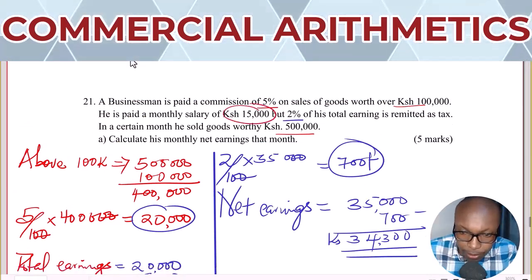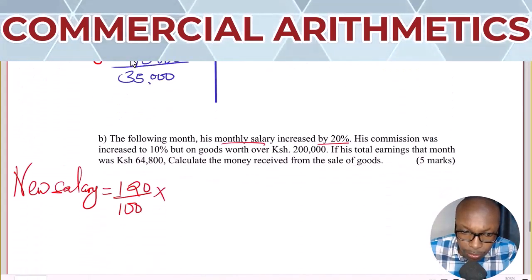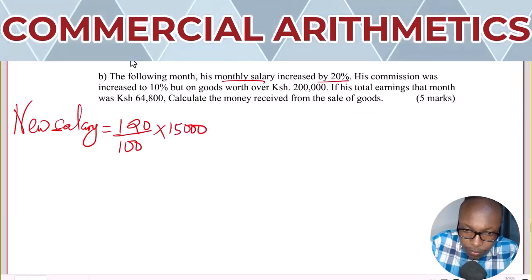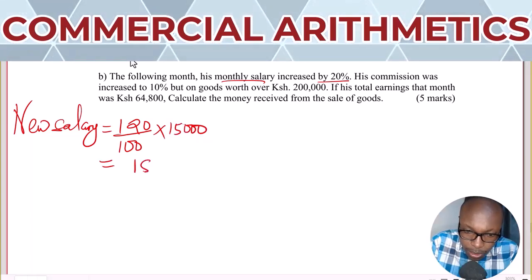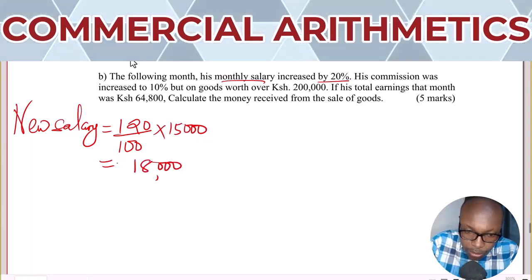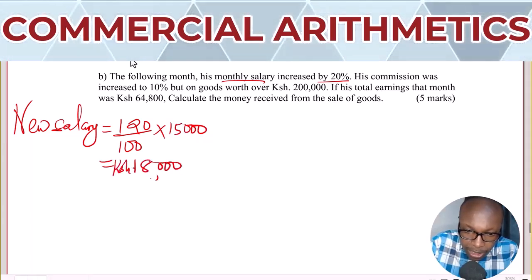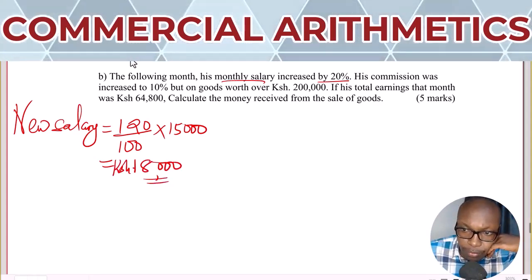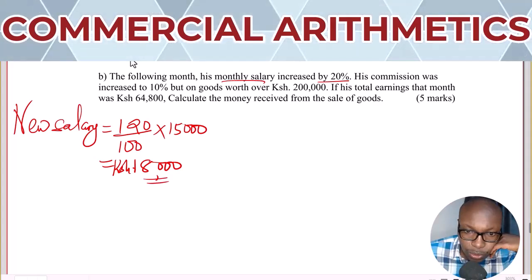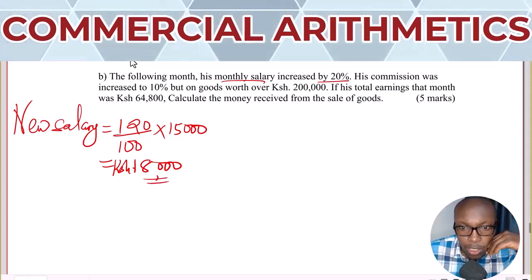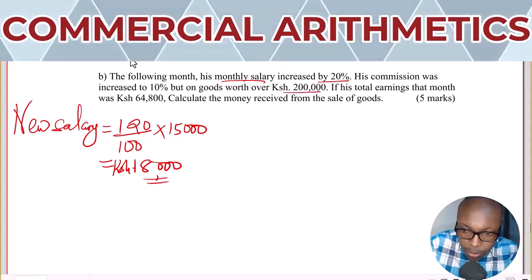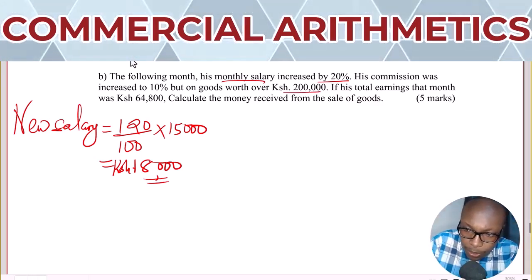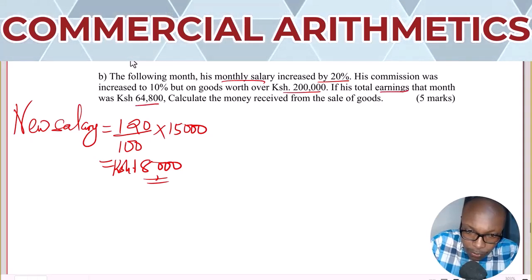It is here in the first part. So we want to get 120% of that, and this will give 18,000. So that is the new monthly salary, from 15,000 to 18,000. Then his commission was also increased to 10%, but now that will be on goods worth over 200,000. We are given that the total earnings that month was 64,800.